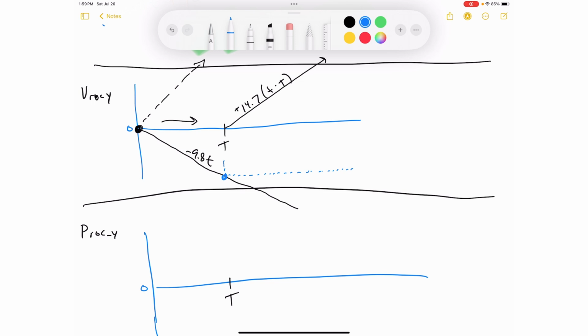Well, all you'd have to do is just invert. You could just add another function, right? If you added plus 9.8 t right here, let me just do this one here, plus 9.8 t, okay.